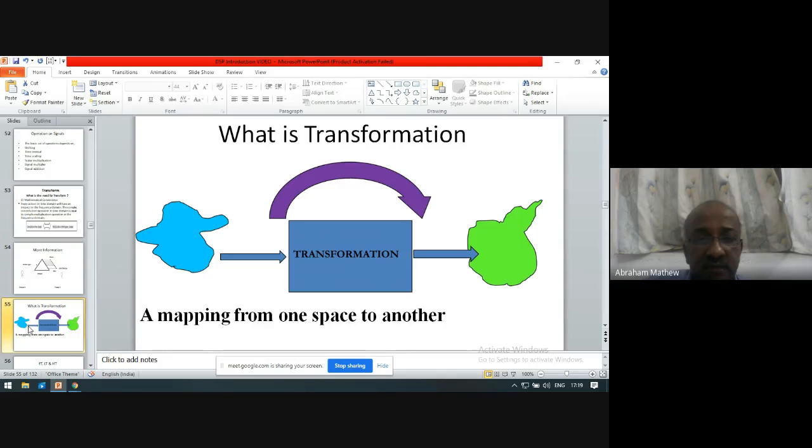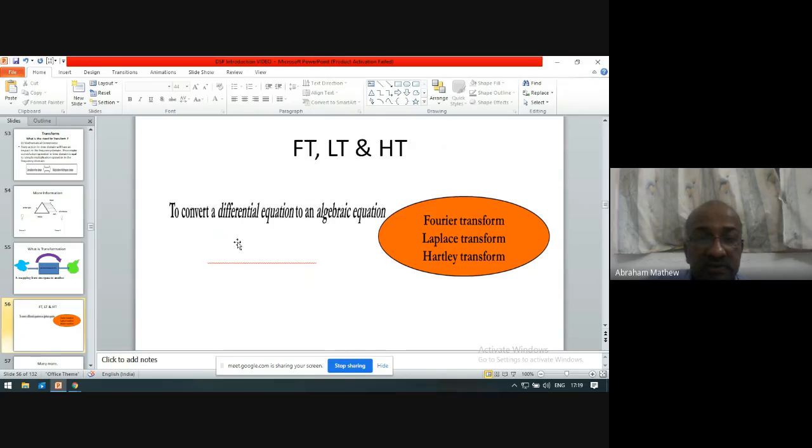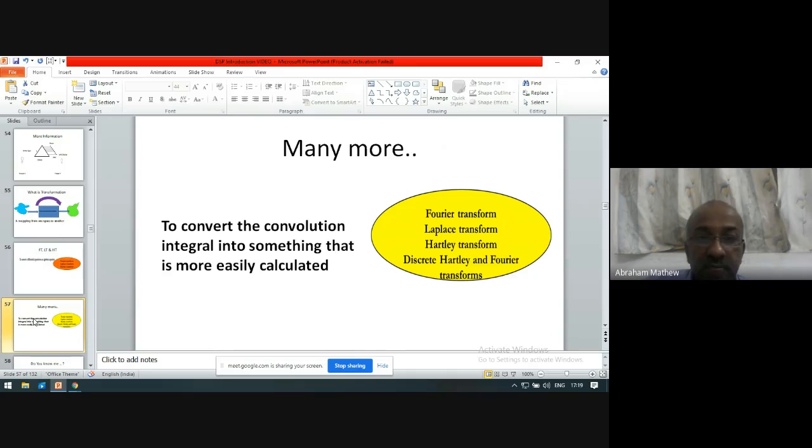So what is a transformation? It is nothing but a mapping from one space to another. There are different transforms such as the Fourier transform, Laplace transform, Hilbert transform, Hartley transform. All these are used to convert a differential equation to an algebraic equation. Similarly, there are many more.